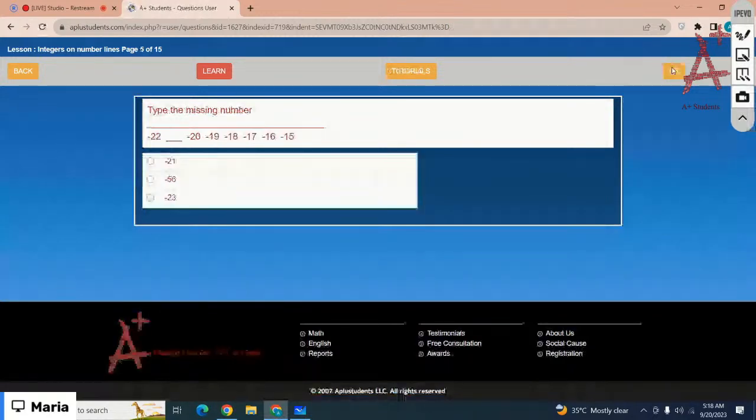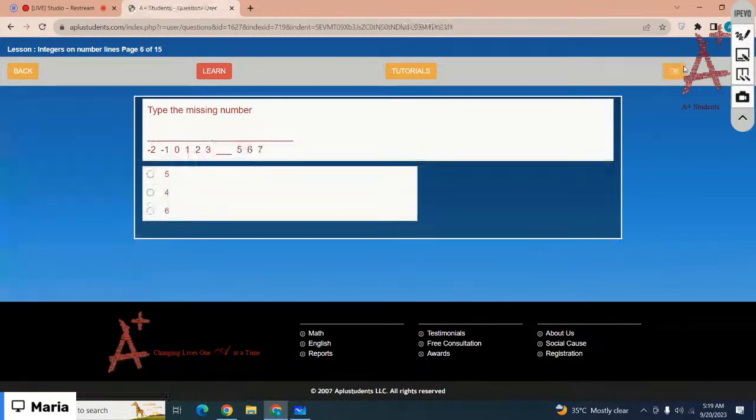Type the missing number. So which is the next number? Very good. That would be negative 21, right? Okay, type the missing number. So which is the next number? The correct option is 4.